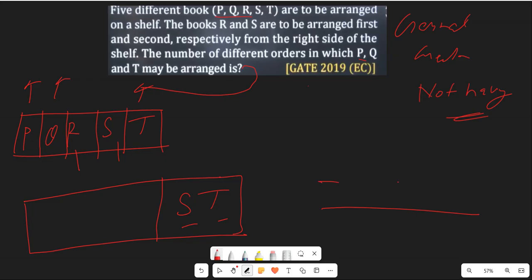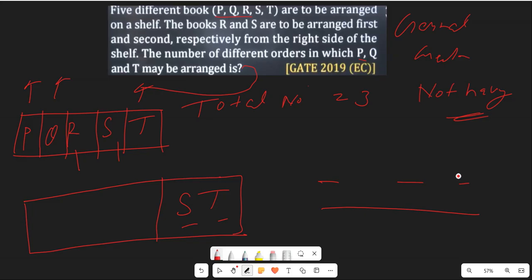Suppose that is 1, 2 and 3, because P, Q and T are the total number of books: 3. So on this shelf, take the 3 books.